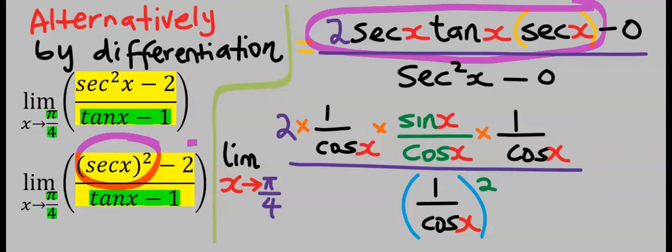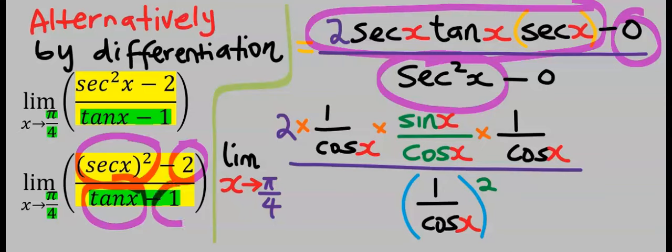Next, differentiate 2, and your answer is 0. Next, differentiate tan x, and your answer is sec squared x. Next, differentiate 1, and your answer is 0.